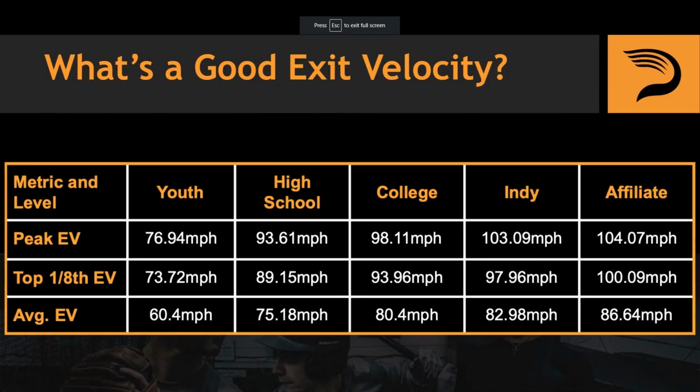All of these exit velocity numbers were collected with hitters hitting off of a game-like pitching machine and collected through a HitTrax. So the numbers here are going to be a little bit more accurate than what you might get on a radar gun. So we need to keep that in mind when looking at our exit velocity data. But this gives you a good idea of what numbers we should be shooting for based on your playing level.